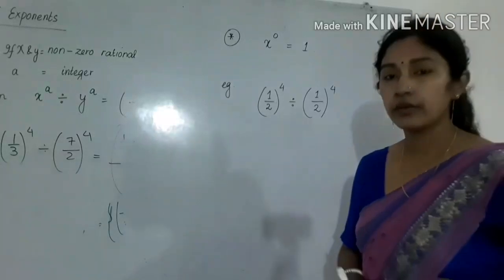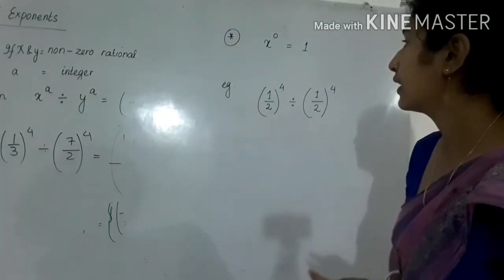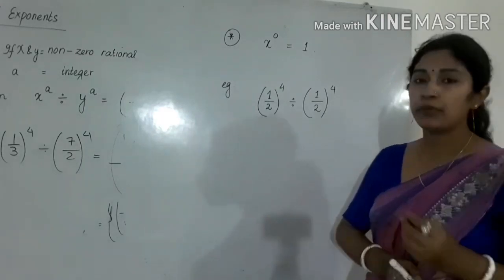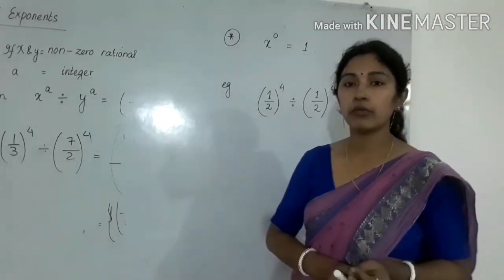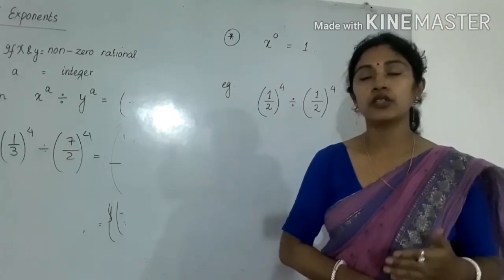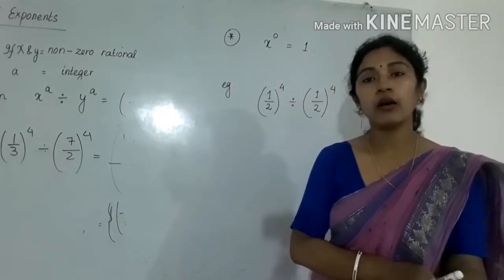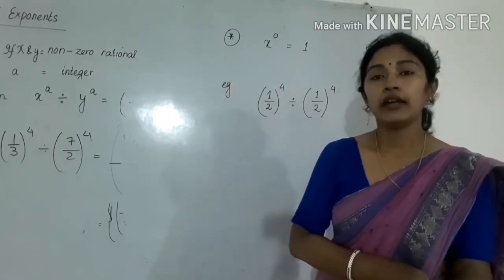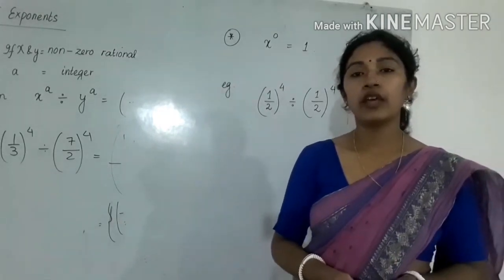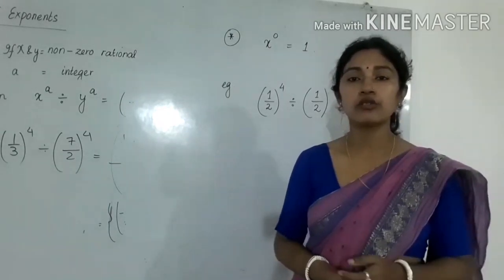So the next is one special point about the exponent: if the base is a non-zero rational number and in the power we have an integer. You know that an integer can be negative as well as positive. And also in the power we have 0, because 0 is also an integer.